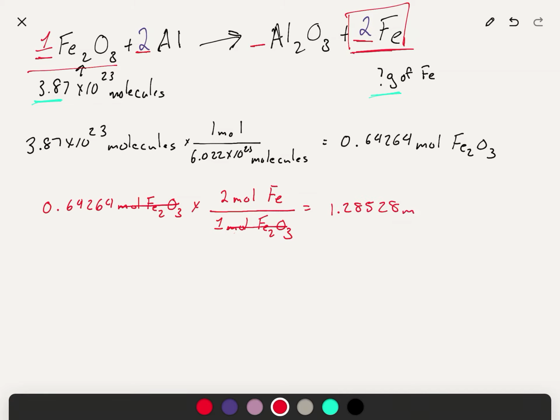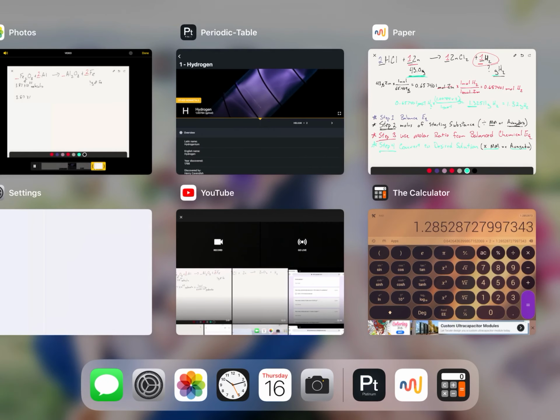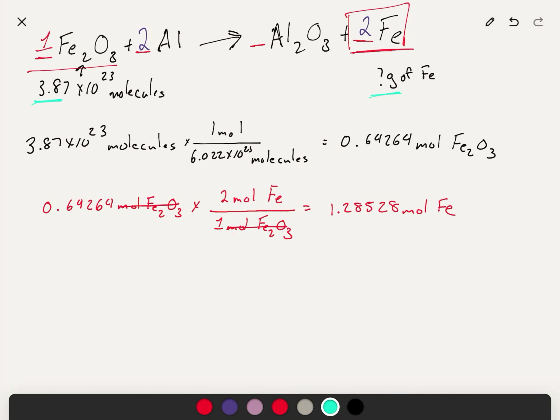After that, we need to find grams of iron, which is our final step, convert to the desired solution. So we're either going to multiply by molar mass or Avogadro's number. In this case, we're looking for grams again, so we're going to multiply by molar mass. So we'll take our 1.28528 moles of iron.